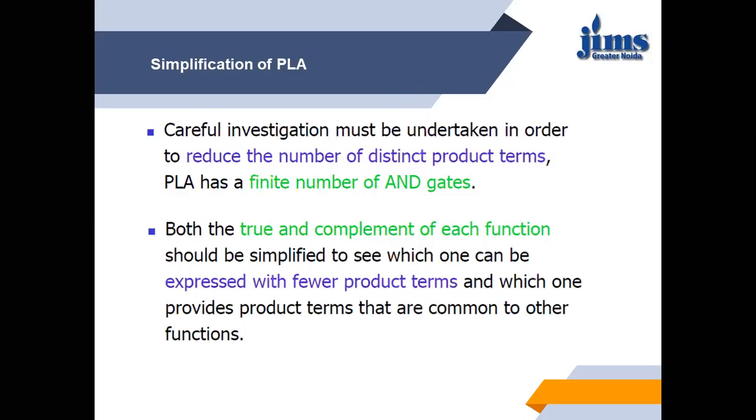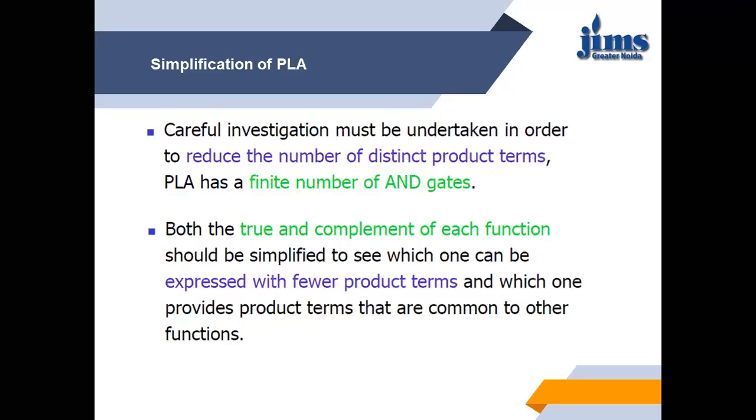Both the true and complement of each function should be simplified to see which one can be expressed with fewer product terms, and which one provides terms that are common to other functions.